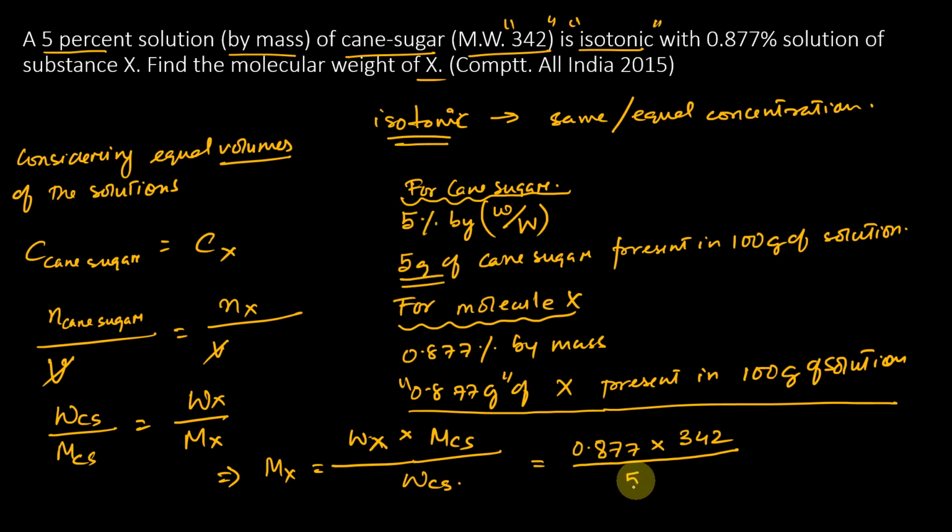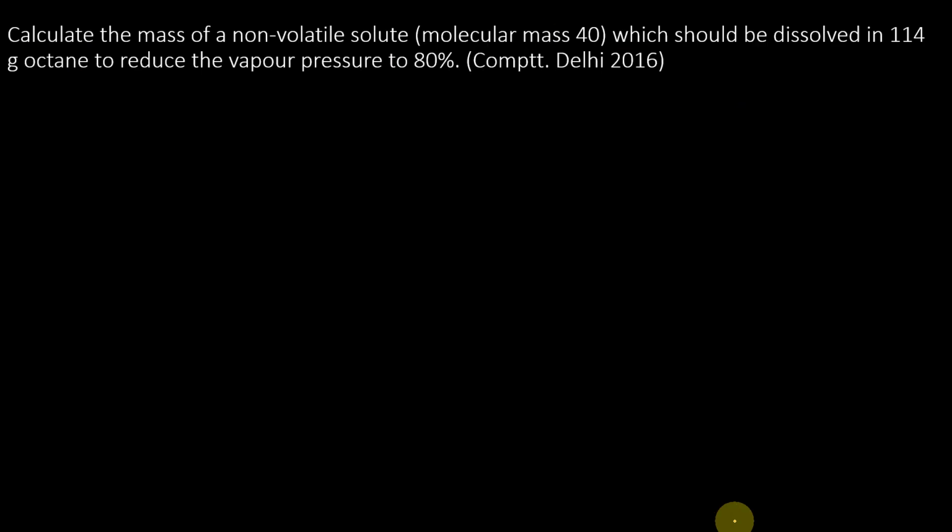So you can take 5 gram, then do the calculation accordingly. तो ये कितना हो जाएगा? It will be nearly 60 gram per mole. So it is going to be 60 gram per mole. So let us move on to the next question.